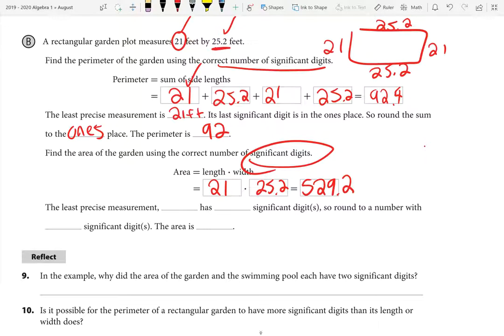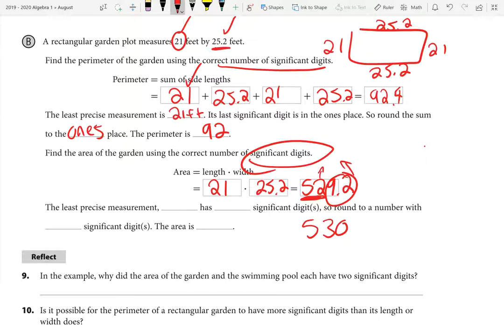So then our answer should only have 2 significant digits. So we have to round it to these places. That means taking the rest of these and rounding it up or down. So 9.2 would round up. So our final answer would be 530, because the 9.2 is going to round this 2 up to 3.